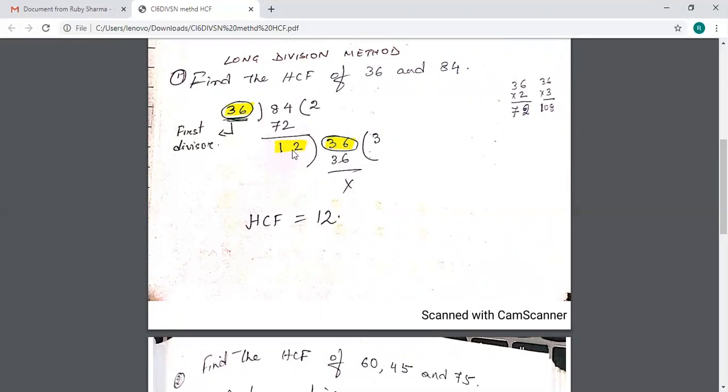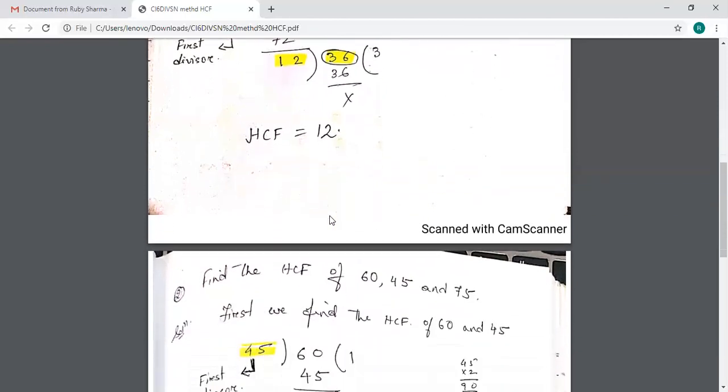Then when the remainder is 0, this last divisor is the HCF. Okay, because this is a common factor to both 84 and 36. Is it clear, all of you? So I have highlighted it. Go through the steps and try this sum in your practice copy.